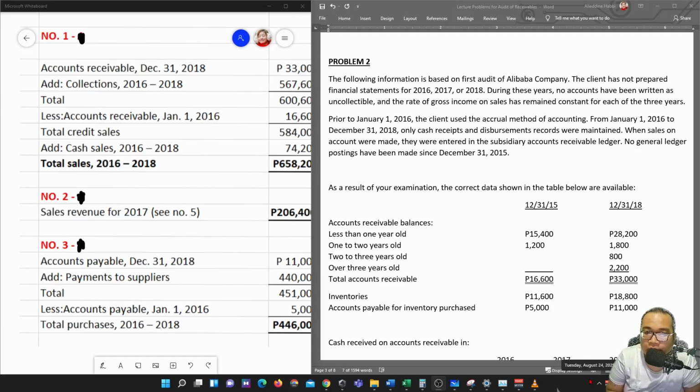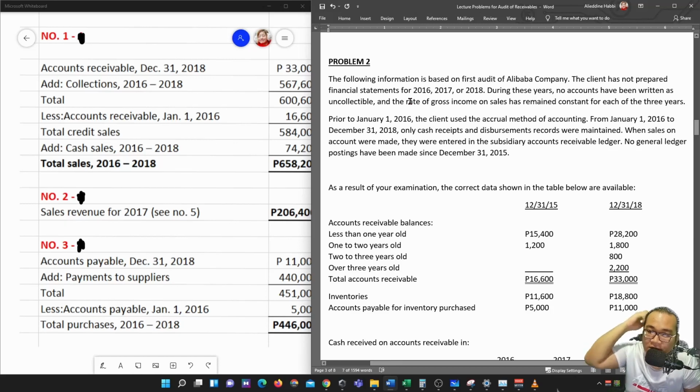So, wala silang general ledger posting for the last 3 years. So, yung mga important details: accrual method, the gross profit rate or the rate of gross income on sales constant for 3 years. Walang na-write off na uncollectible, cash receipts and disbursements method.